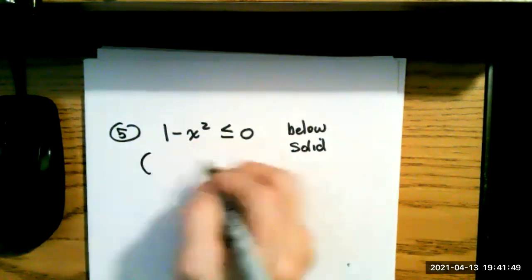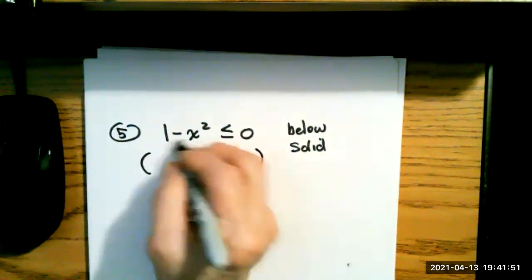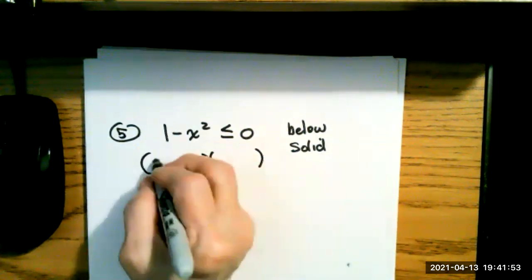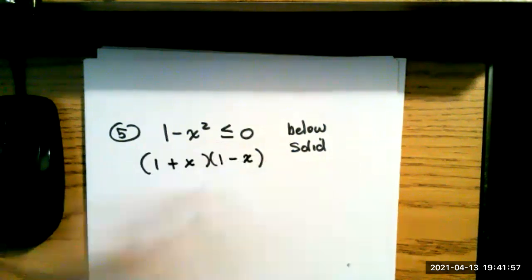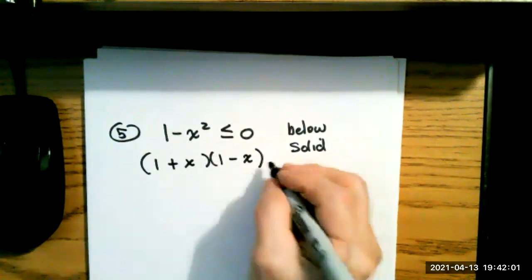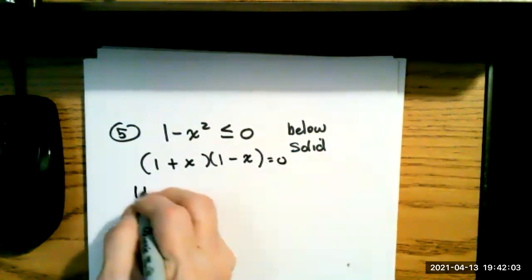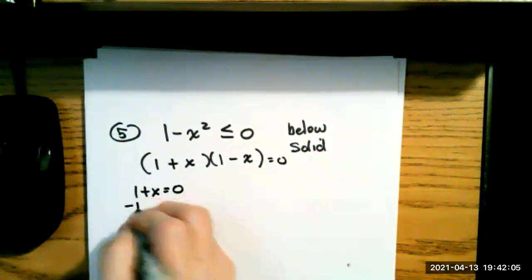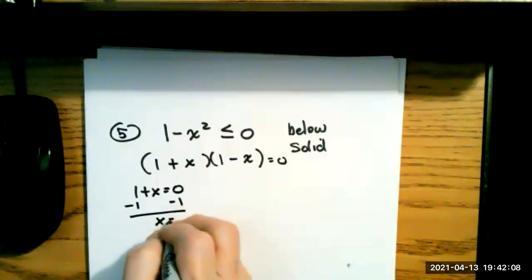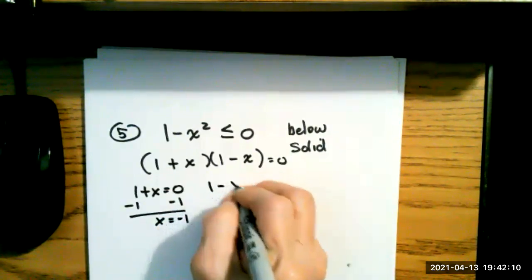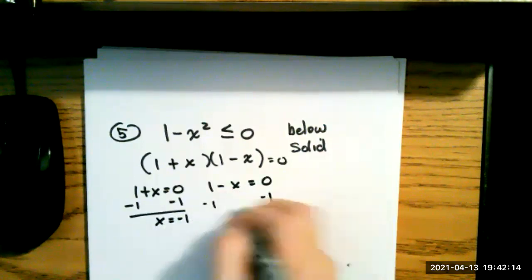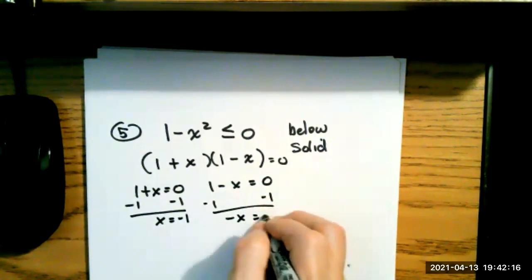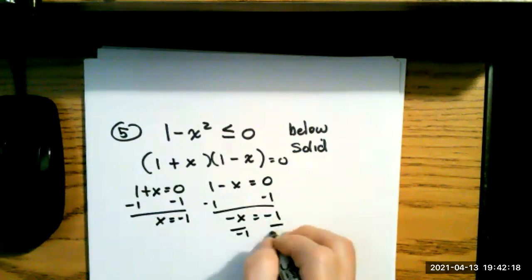You could go ahead and factor this. This is a difference of 2 perfect squares. I could have done that on the other problem that we had. So if you forget how to take out the -1, you can factor it this way. Now, 1 plus x is equal to 0, so x equals -1. 1 minus x equals 0, so negative x equals -1.